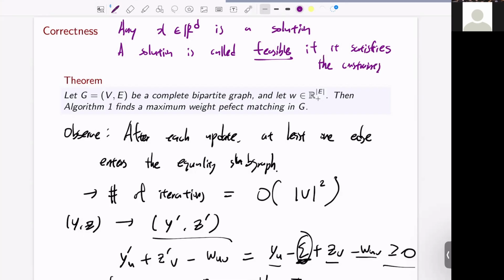So a solution can be anything, but a feasible solution has to satisfy all the constraints. And a solution feasible to the dual means that it's a feasible solution. I should have defined this beforehand.